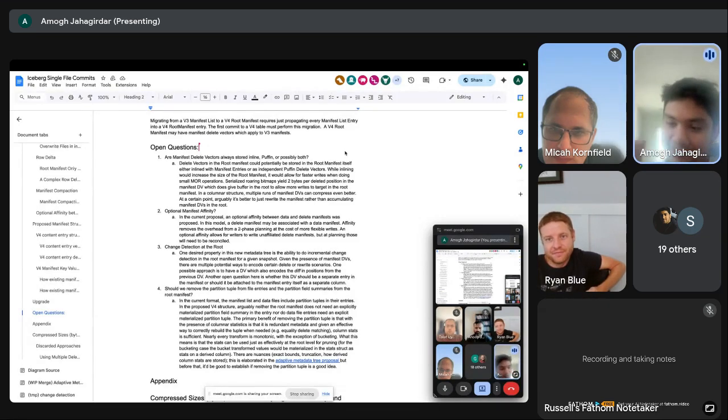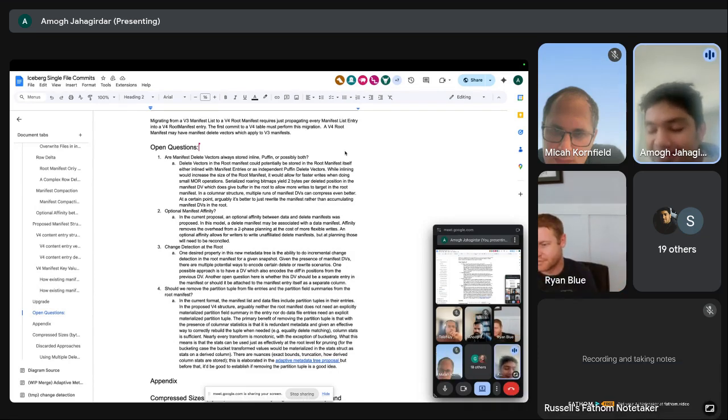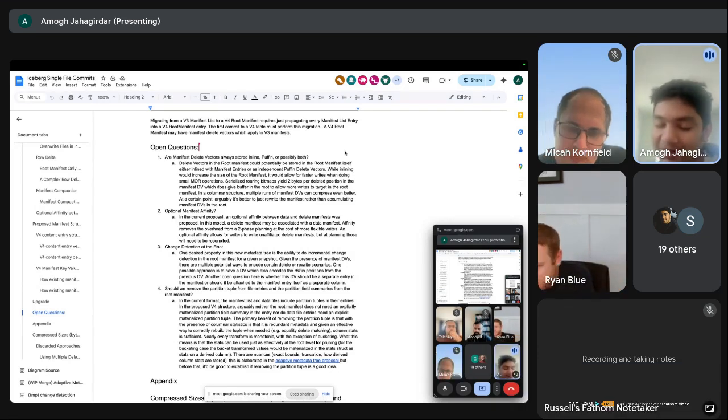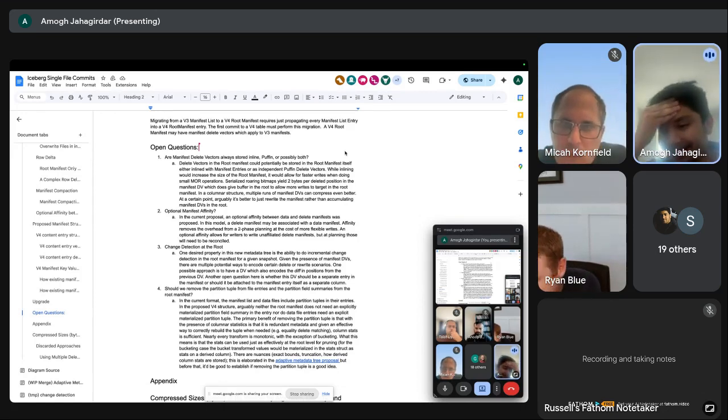I wouldn't make anything conclusive off of this yet, but there are some data points to indicate that if you have multiple runs of these DVs laid out in a columnar fashion, they do compress okay, it's better. So my analysis is that we should be okay with just inline DVs, and any case in which we would write an external manifest DV is a case where we'd be better off just rewriting that manifest anyways. So that's my take, but I wonder what other people are thinking. Yeah.